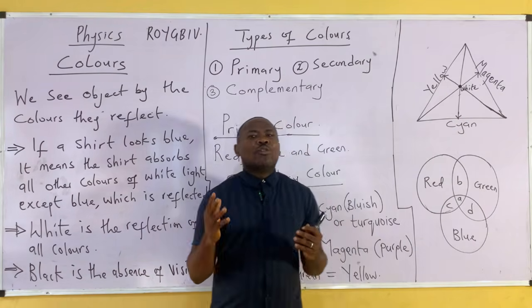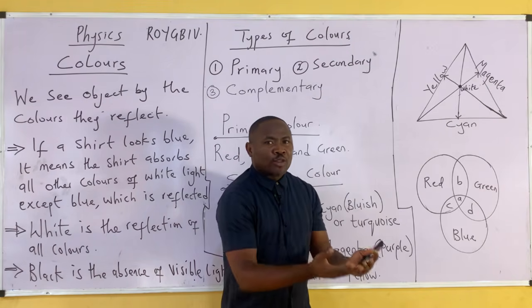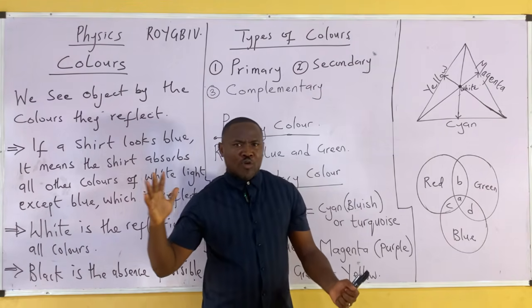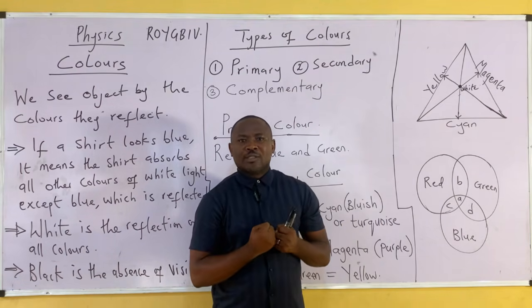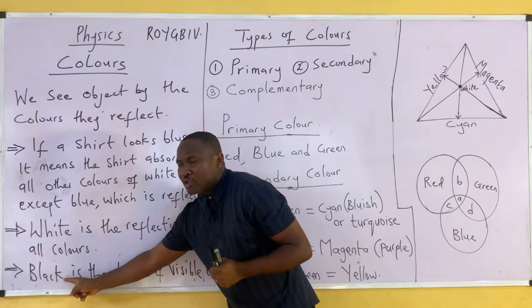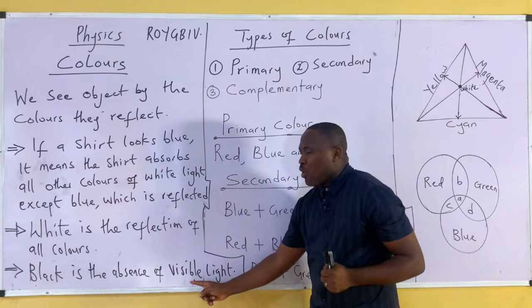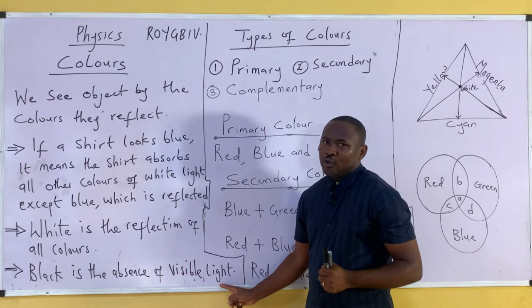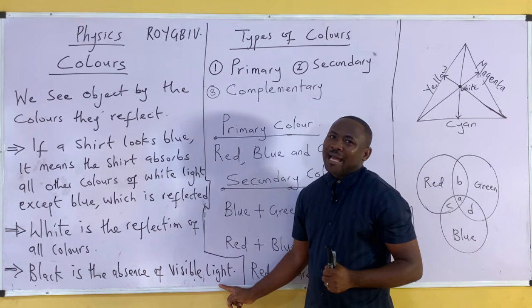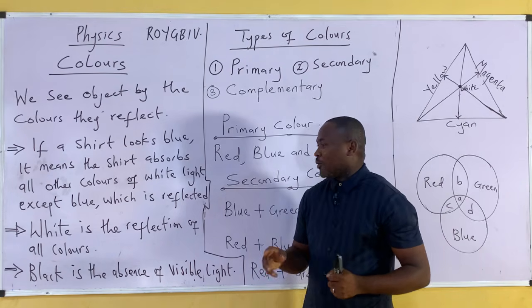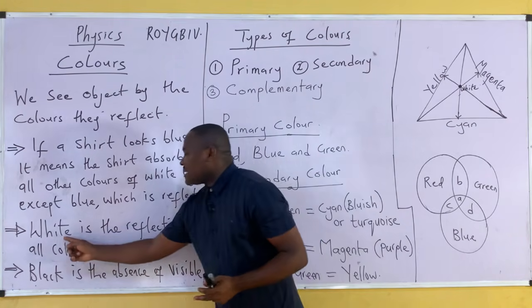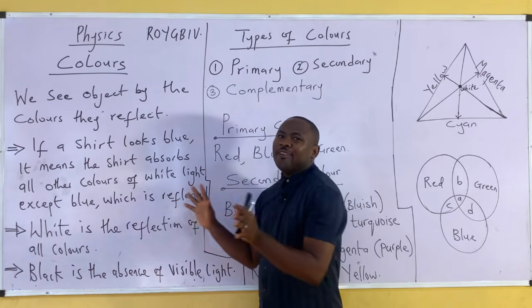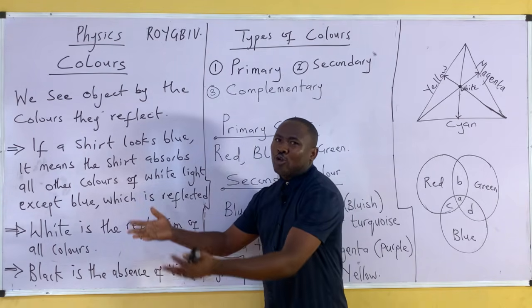But when there is no reflection at all from an object, when light falls on an object and all the colors are absorbed, it appears black. So black is the absence of visible light. Black is not a color. Black is the absence of visible light, while white is the equal reflection of all colors.